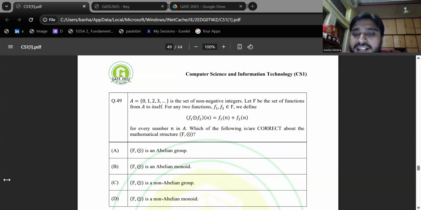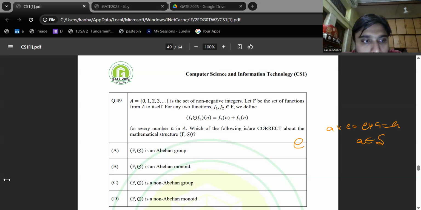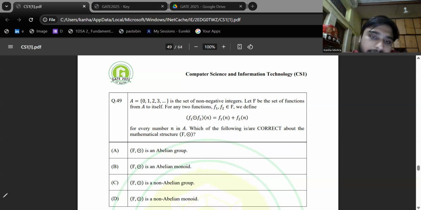A semigroup with an identity element E such that A times E is equal to E times A is equal to A, where A belongs to this semigroup.